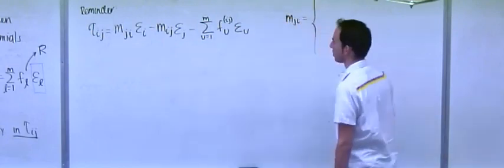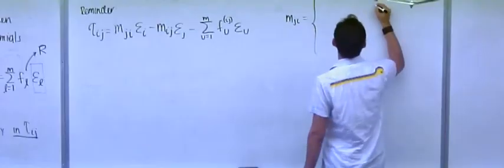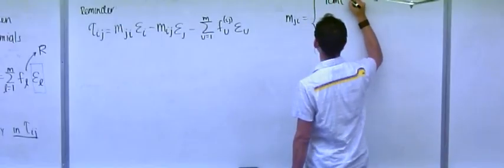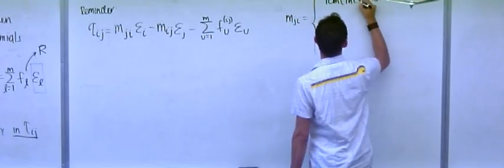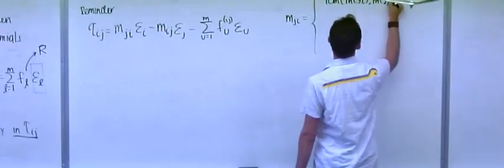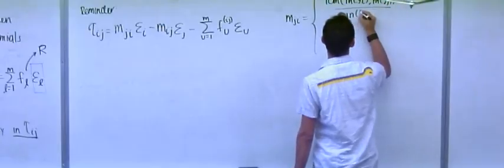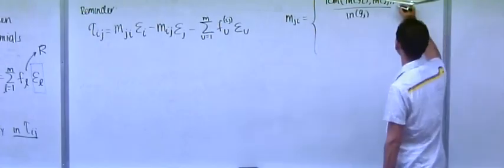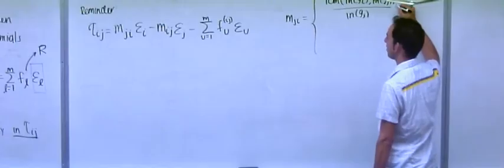There's two cases. So the first case is the least common multiple of the initial term of g_i, comma, initial term of g_j, divided by the initial term of g_j, times e_u. Right.